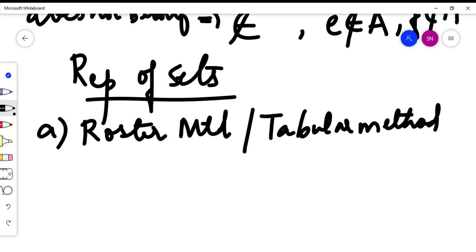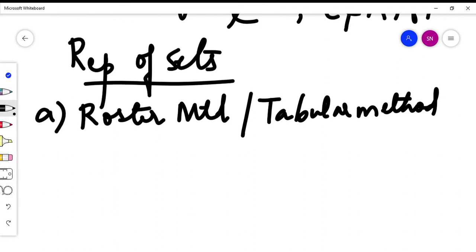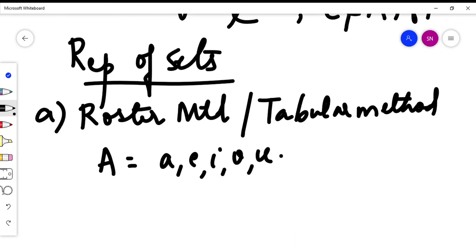Okay, so for this representation of set, I will give you an example so that it becomes easily understood. For example, if I have set A is equal to {a, e, i, o, u}. In the roster method or tabular method, the representation of the set is obviously with a capital and elements are in small.